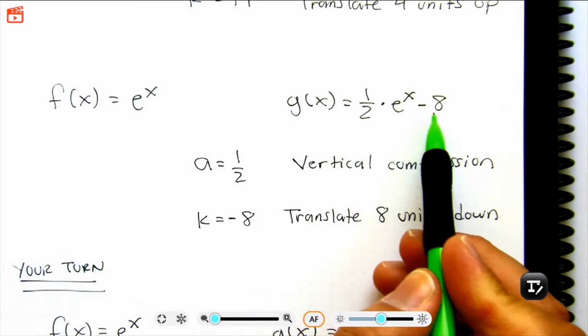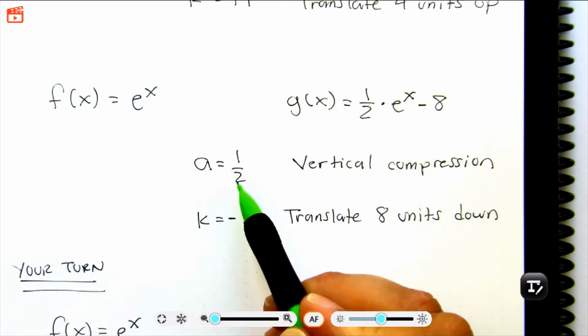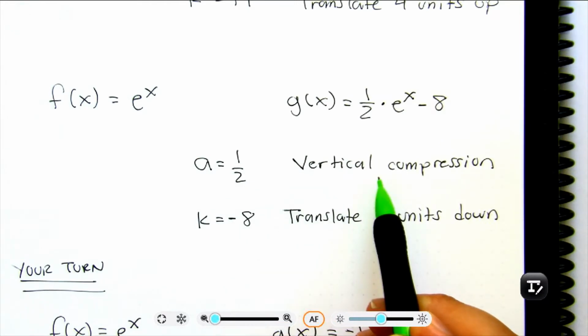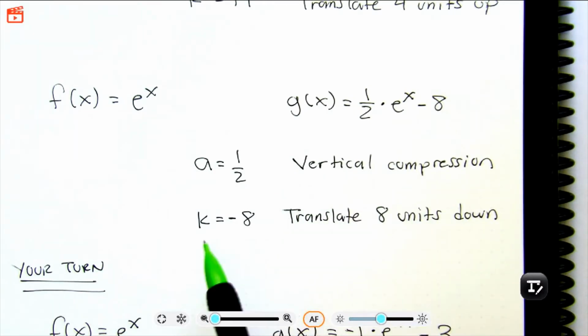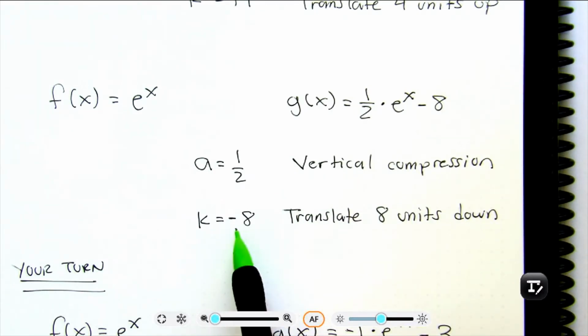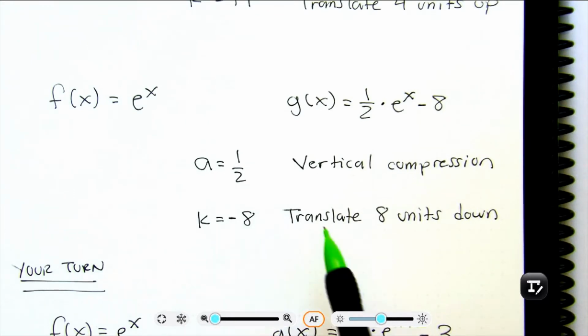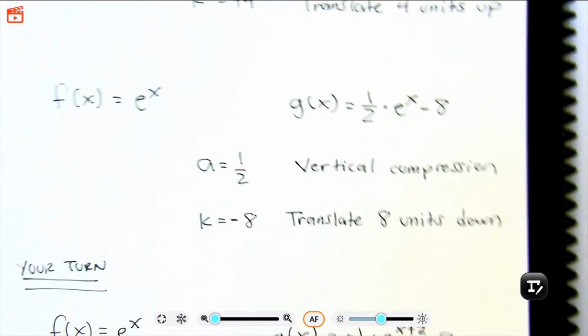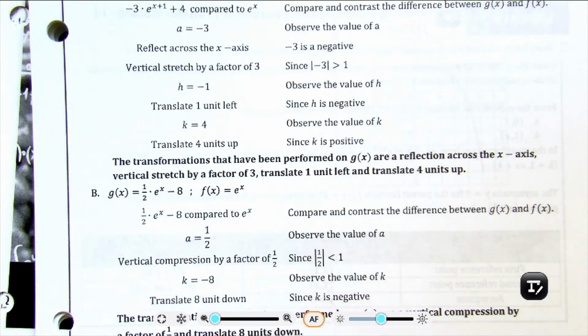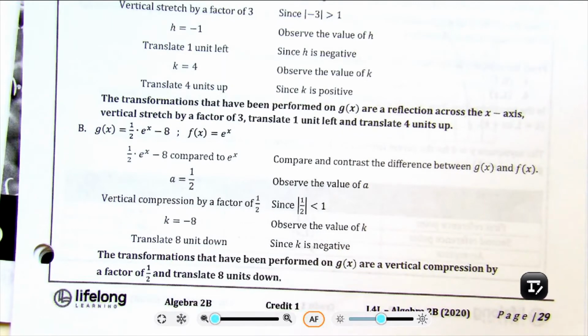If a is a half, that's going to be a vertical compression, because a is between 0 and 1, the rule tells us that it is a vertical compression. And if k is negative 8, then we're translating 8 units down. Their solution was that the transformations performed on g of x are a vertical compression by a factor of a half and translate 8 units down.